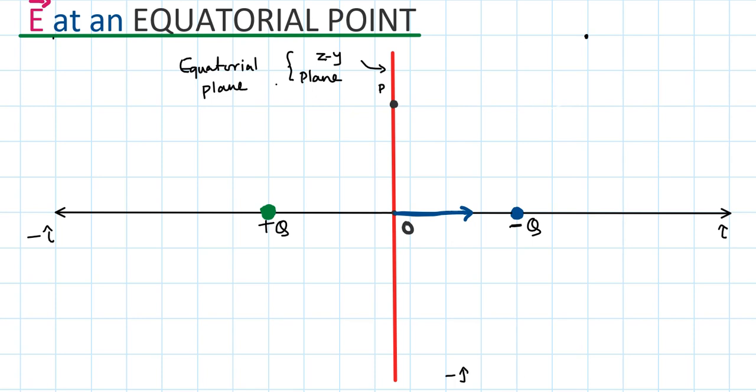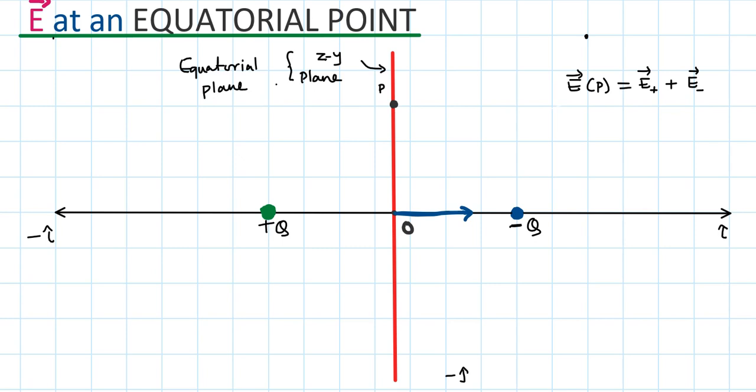For that, I can treat the system as two different point charges located at two different positions, and P is some point in space. So the net electric field at P will be the vector sum of the electric field due to the positive charge and the electric field due to the negative charge. So this will be the representative of the vector at P.